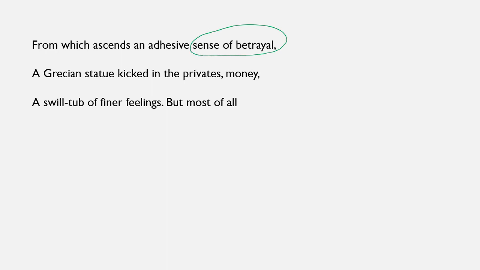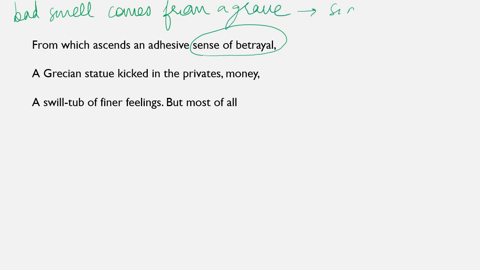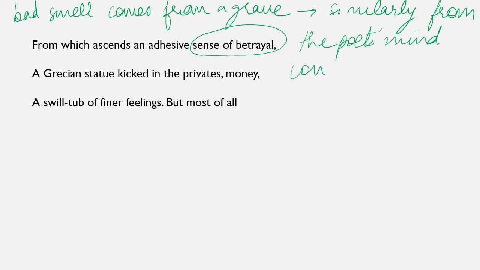So here, just like a bad smell comes from a grave, similarly, from the poet's mind comes the stench of betrayal.